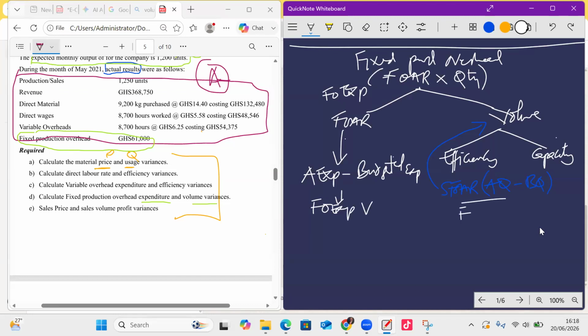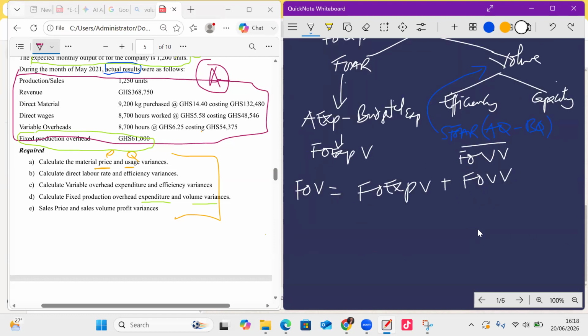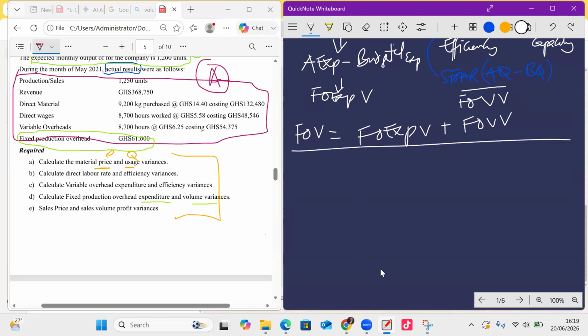This is called the fixed overhead volume variance. So if I want to find the fixed production overhead variance, it is the fixed overhead expenditure variance plus the fixed overhead volume variance. Are we good? Right. So now let's move on to the last part, the sales.